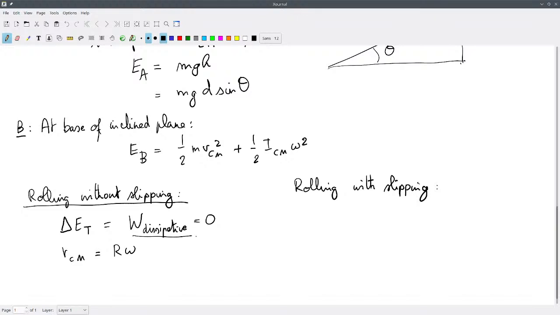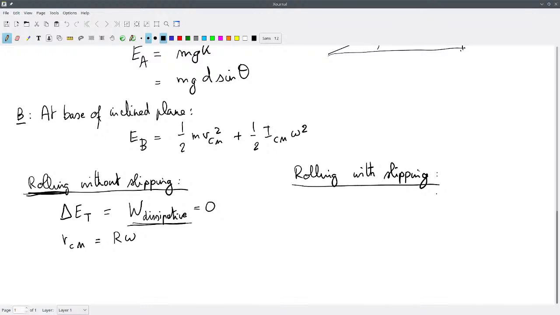So if there's no displacement along that force of static friction, then it will not correspond to any loss of energy. So in rolling without slipping, we set this dissipative energy loss equal to 0 because there is no dissipative energy loss. That's of course exactly why we use rolling without slipping, because it allows us to conserve energy rather than rolling with slipping or essentially dragging things on a surface. That's of course where the friction losses happen. So that's the reason why people invent the wheel and keep reinventing the wheel.